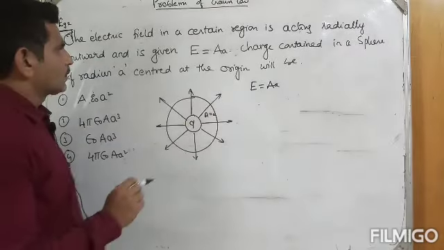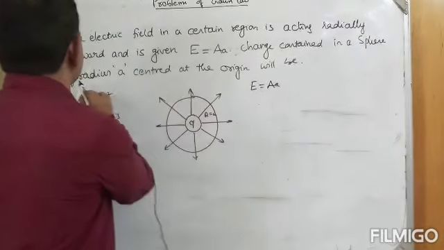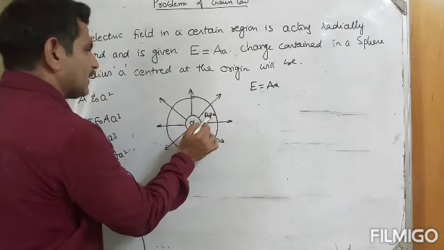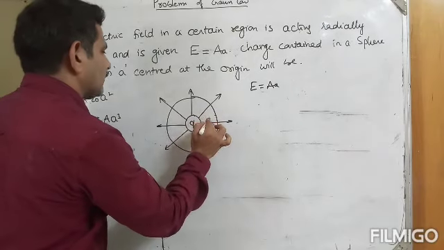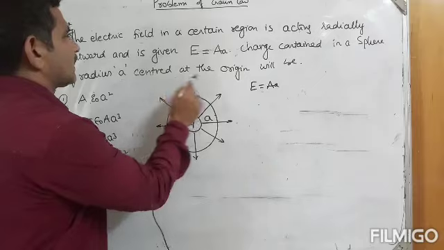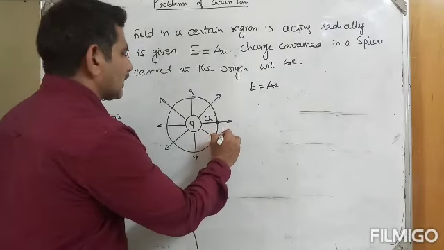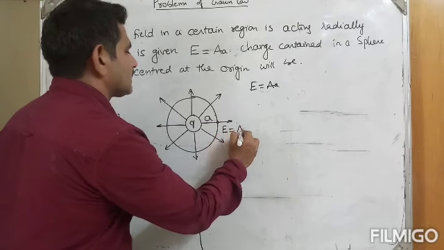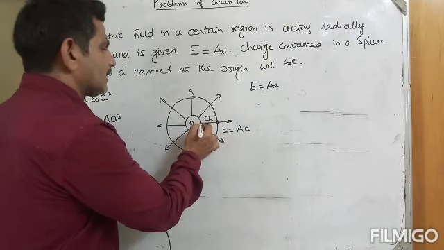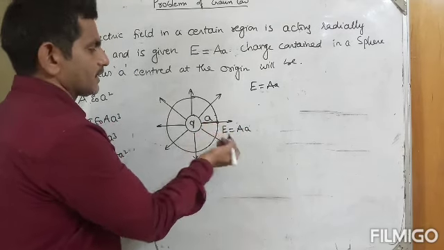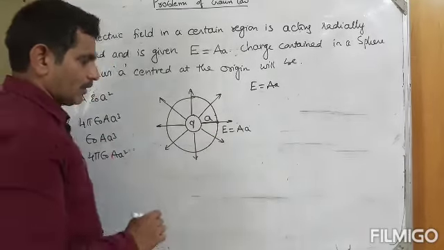Understand or not? So the charge contained in the sphere of radius a centered at the origin. As we know, the electric field intensity is given as E equals A a, and the distance is given as a. Therefore, the electric field intensity we know.